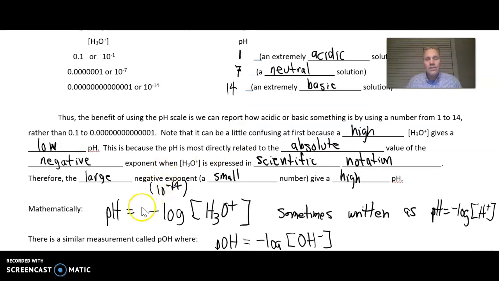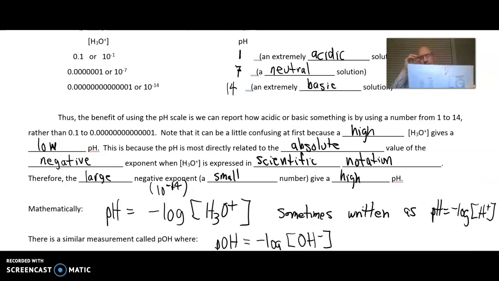So mathematically, how do we do this? The formula for this is that the pH equals the negative log, and when I write it like this it is log base 10, of the molarity of H3O+. And this is sometimes written as pH equals the negative log of just H+.